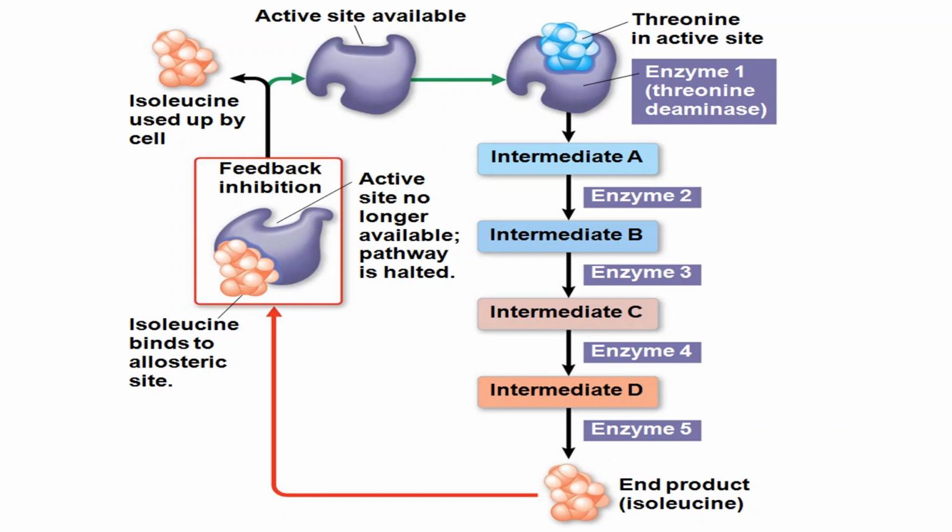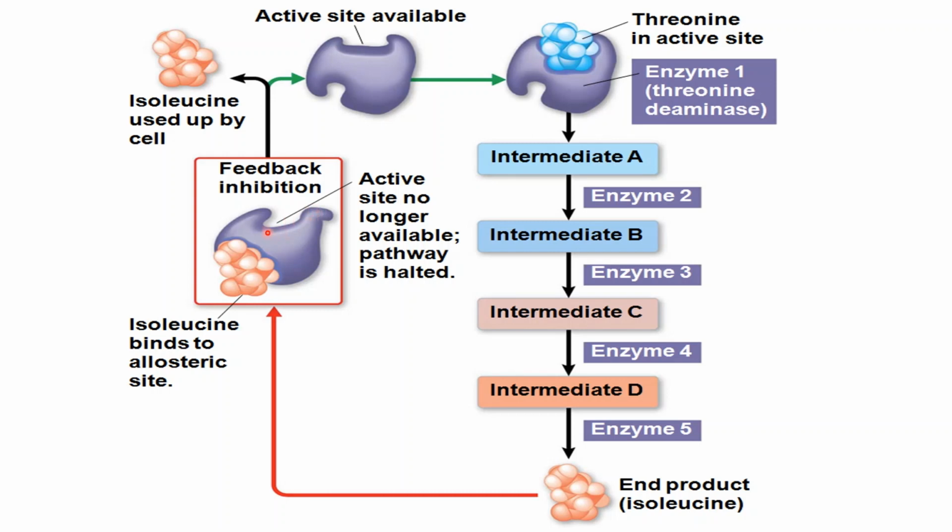If enough isoleucine is present, or when there's accumulation of isoleucine, it slows down its own synthesis by allosterically inhibiting the enzyme for the first step of the pathway. Here you can see this isoleucine will bind to the allosteric site of the first enzyme, which is the threonine deaminase.